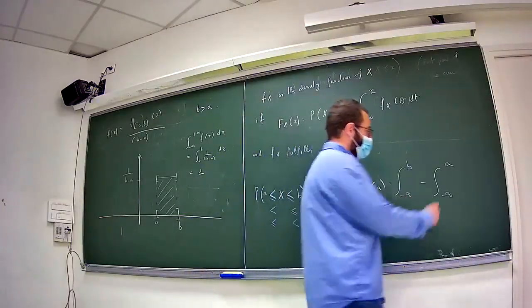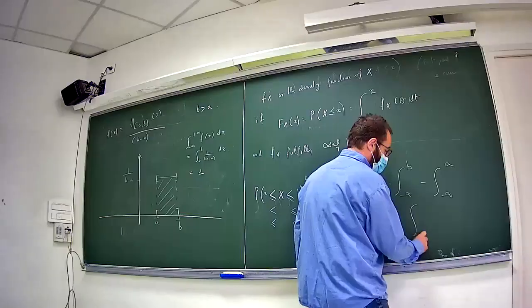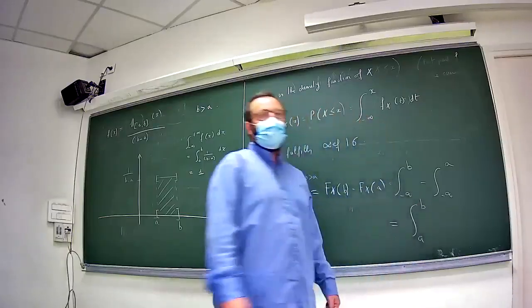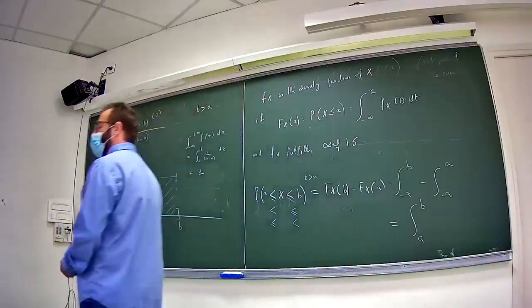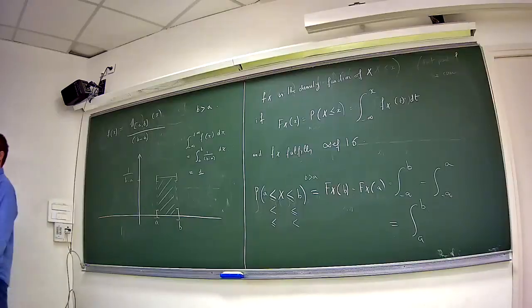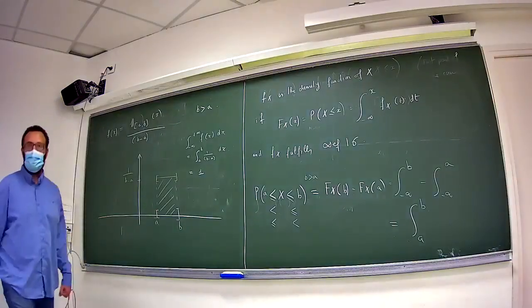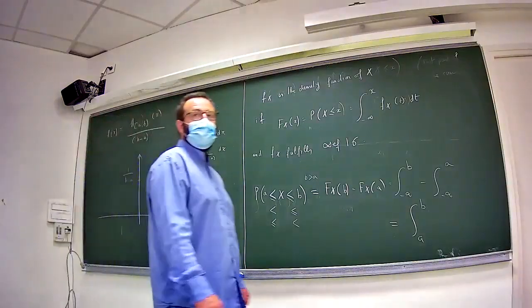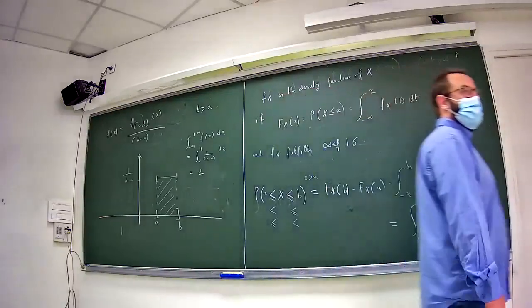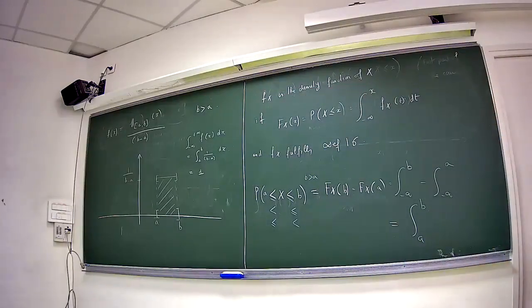So this is just the integral between a and b. So when you want to compute the probability that X belongs to an interval, you just have to compute the integral of the density function over this interval.